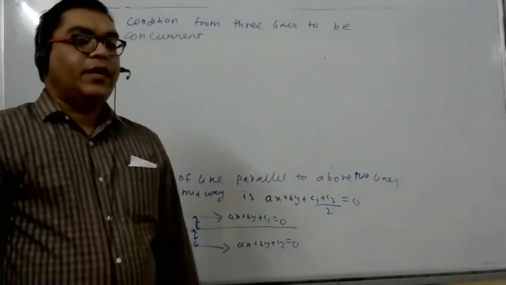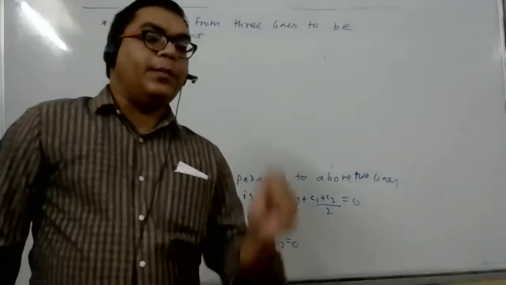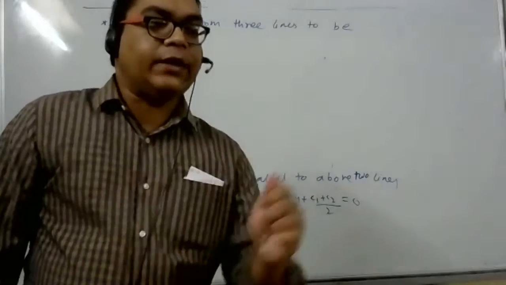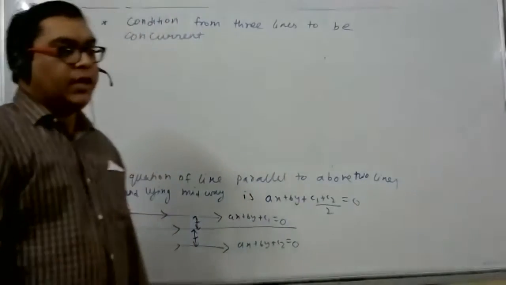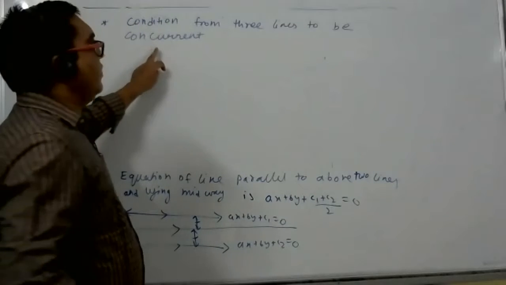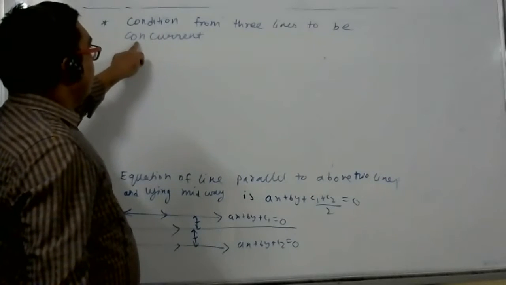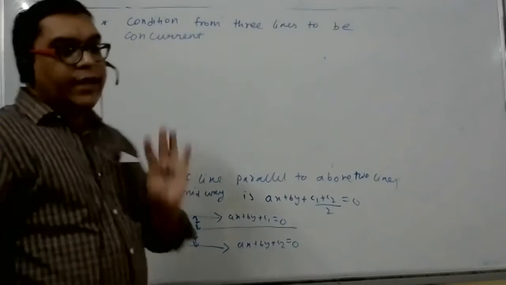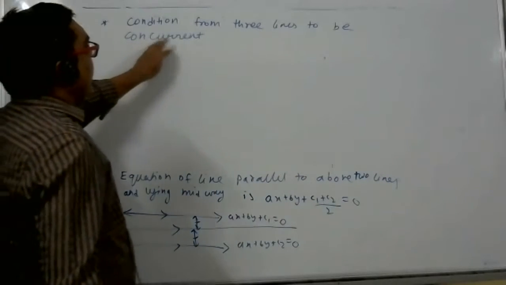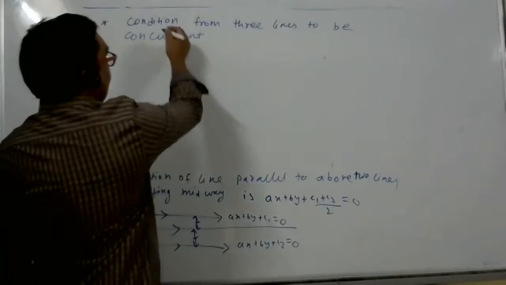The point of concurrency of medians is called the centroid. The point of concurrency of altitudes is called the orthocenter. Have you not heard about concurrent? Concurrence we have heard, sir, but the results are slightly new. Congruent you are saying or concurrent? Concurrent only I am talking.